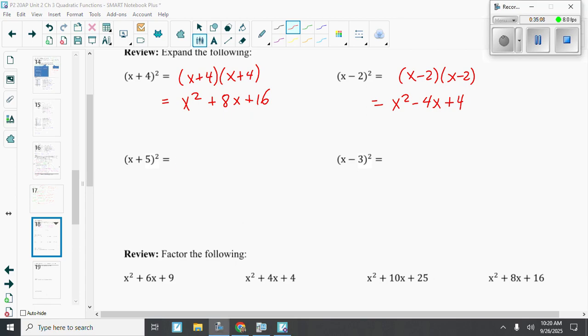Okay, so this one, let's write it out. A couple things that we can notice here.